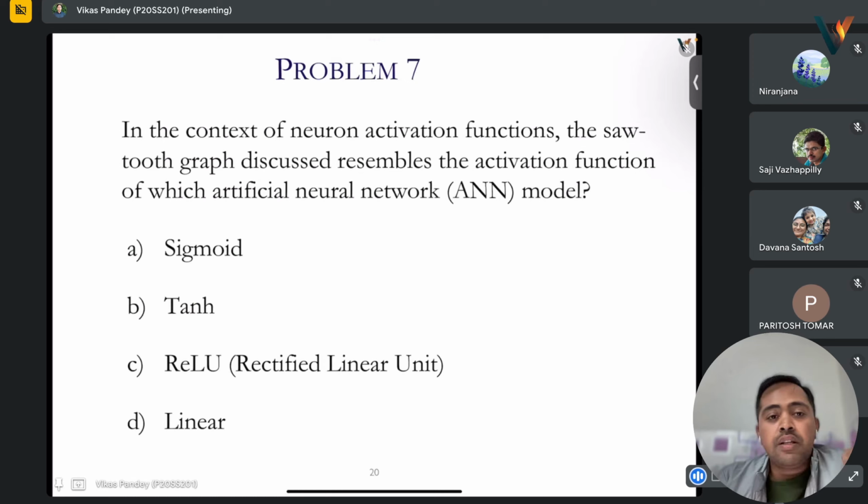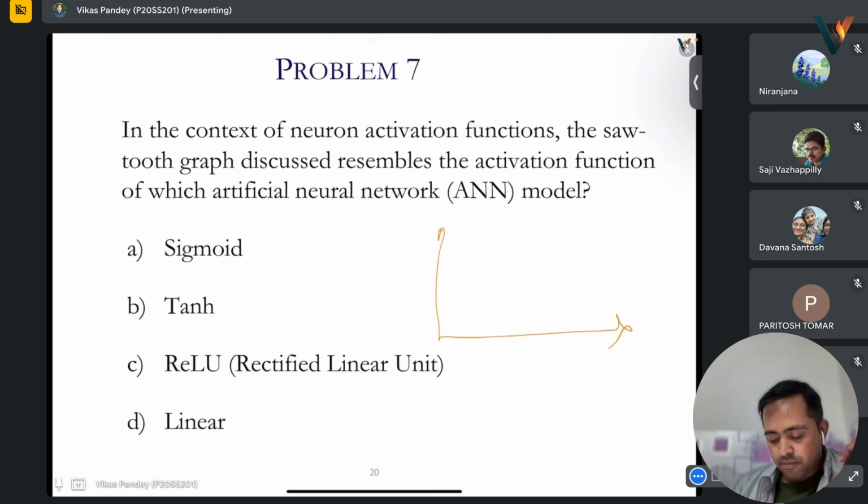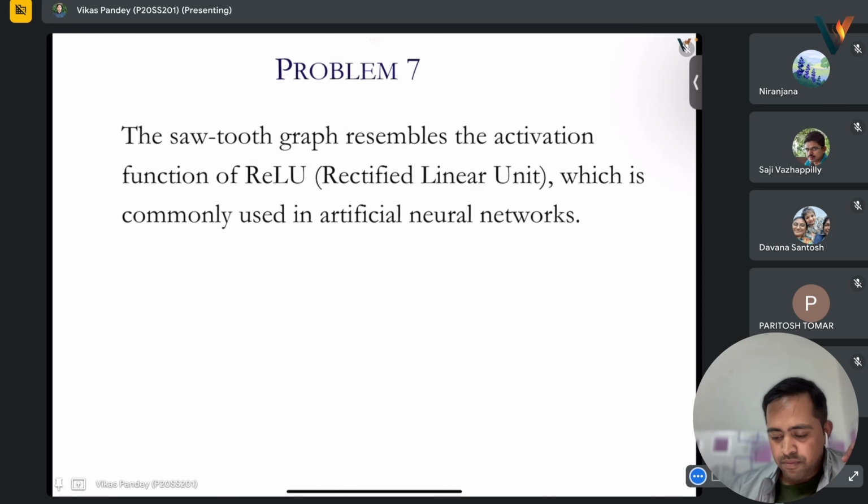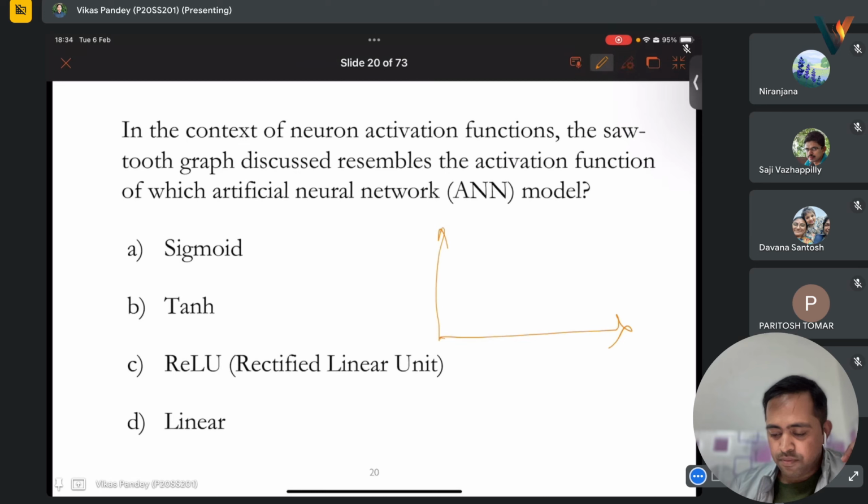Okay. In the context of neuron activation functions, the sawtooth graph. Remember this graph? Such a graph was there, right?